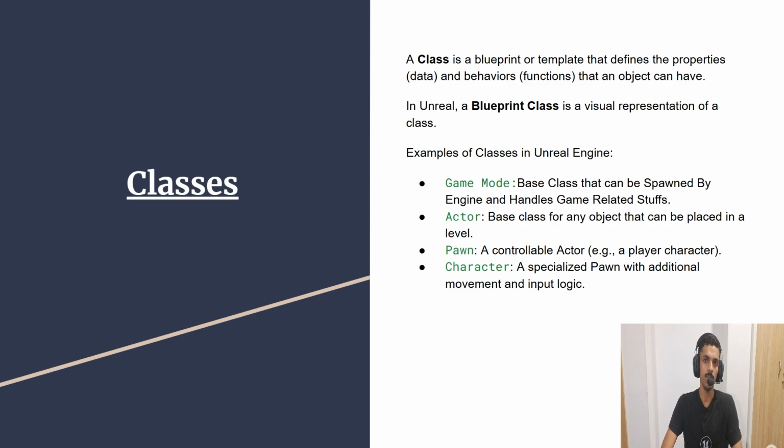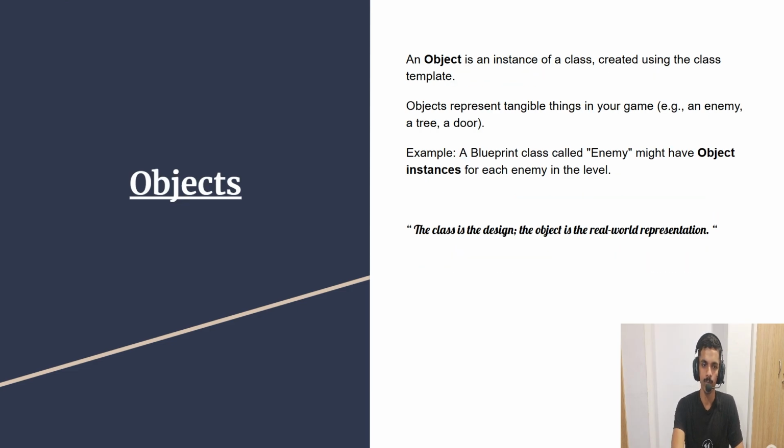We call them actors unless it goes one step ahead, like the pawn class, which means a controllable actor, whether controlled by the player or given to the AI. And a character is a specialized pawn with customized movements like we have in the real world, like walking and swimming.